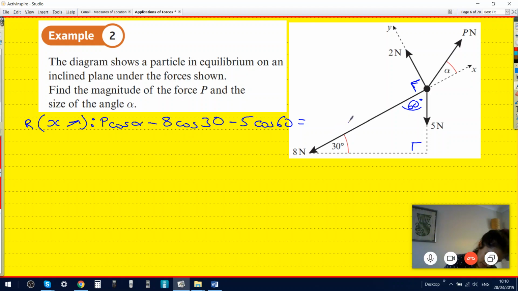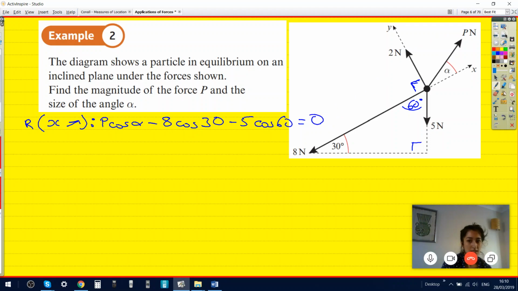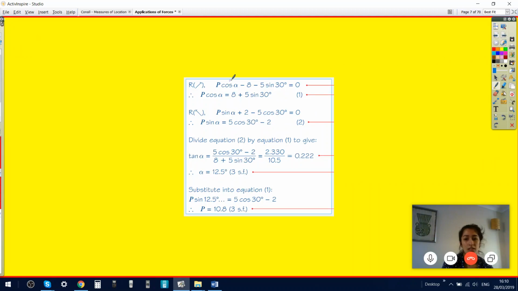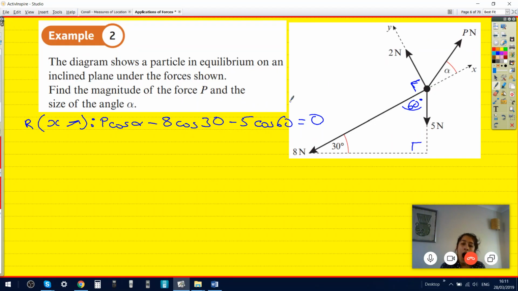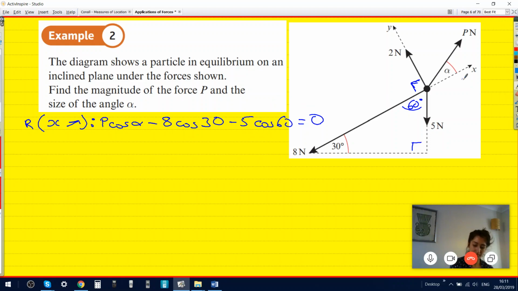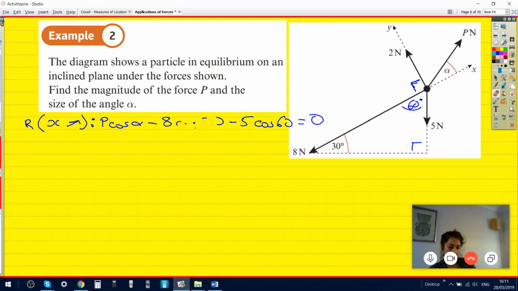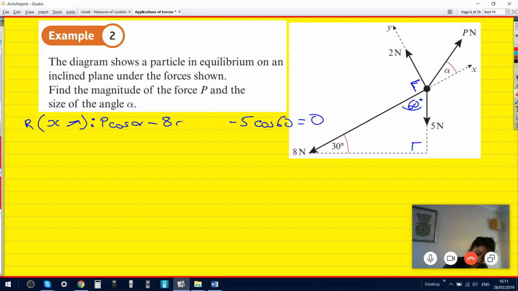The 8 is just 8 because it's perpendicular, the exact opposite direction of the x-axis.